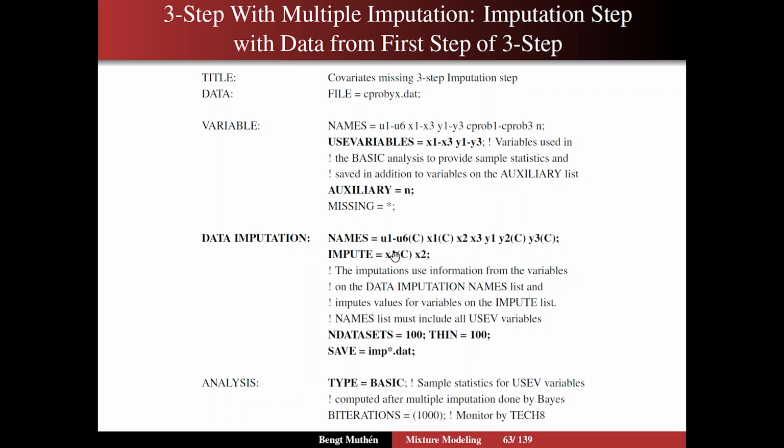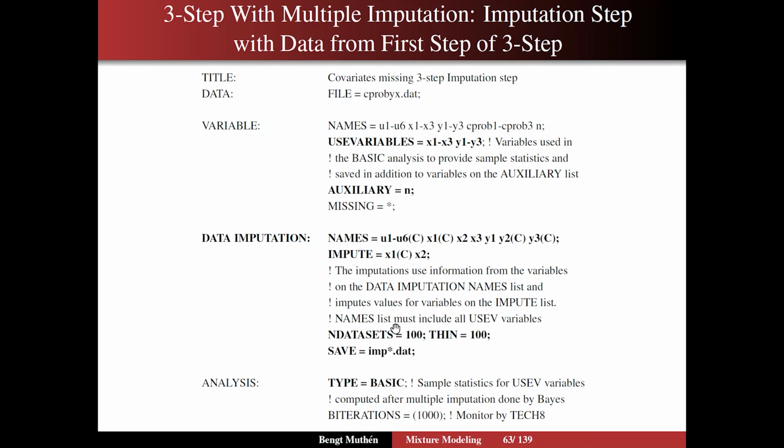So we're imputing x1 and x2, but we draw on information from the USEVARIABLES and from x3 and from y1, y2, and y3. And in parentheses here, we state whether a variable is categorical or not, binary or ordinal, both in how we use it for imputation and how we impute. So we impute that as a binary variable in that case.